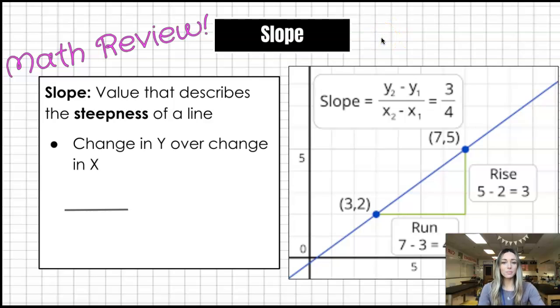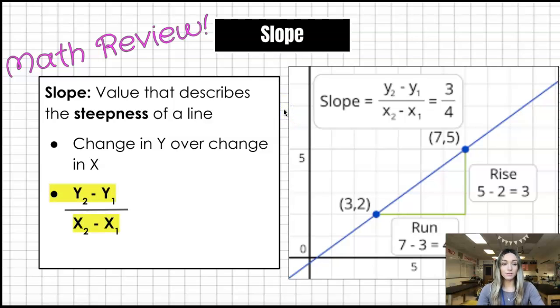Slope is the change in y, or the vertical value, over the change in x. Here I can see the change in y and the change in the x value. That is what gives me the slope, or the steepness of my line.